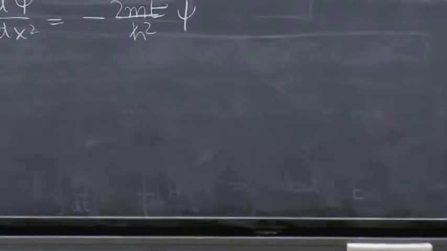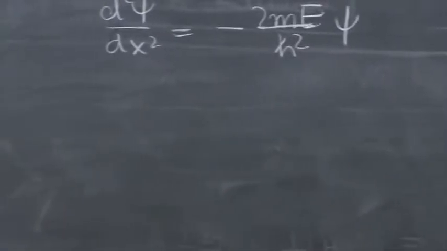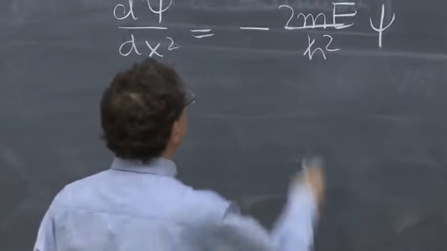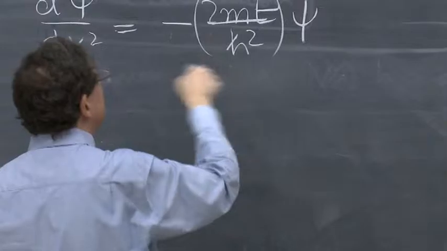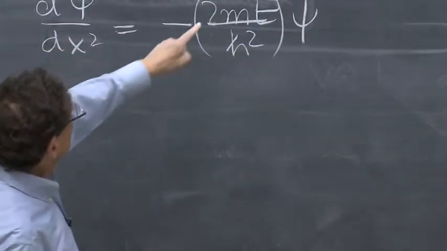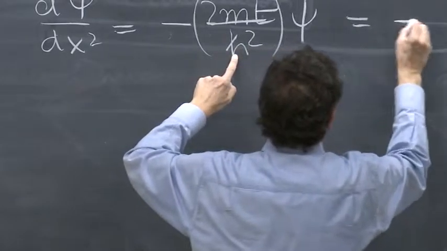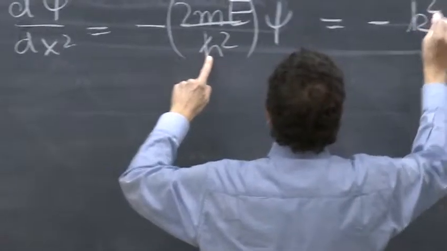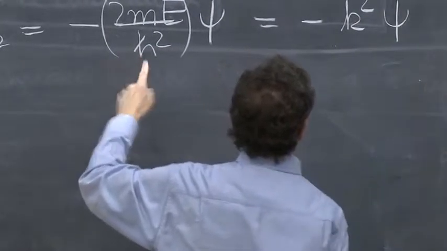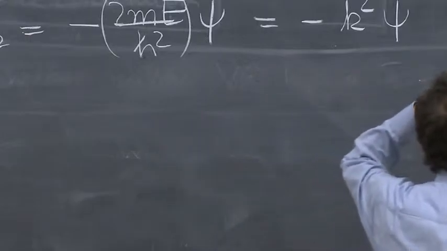And here comes the thing. We always like to define quantities, numbers. If E is positive, this I can call minus k squared psi, where k is a real number.